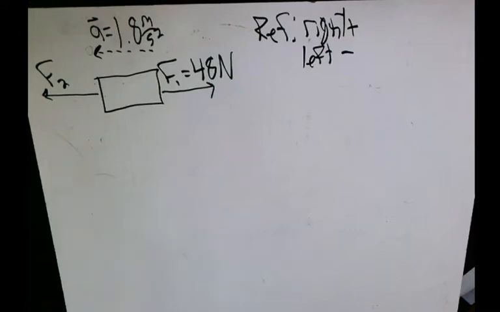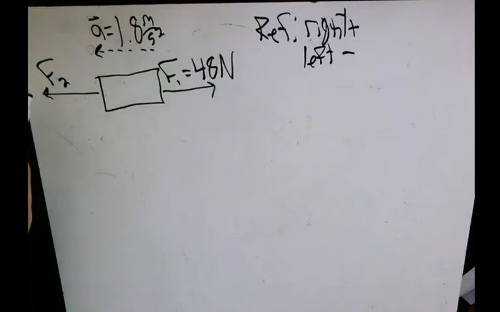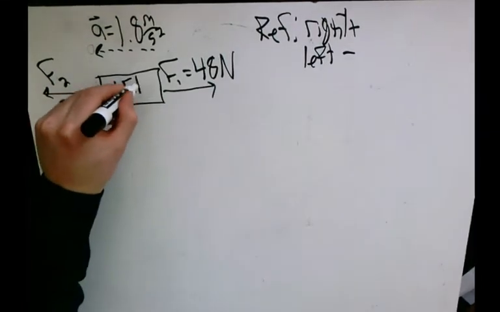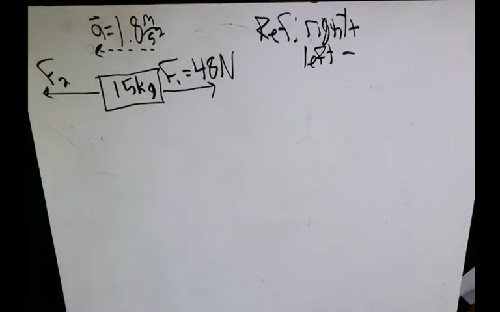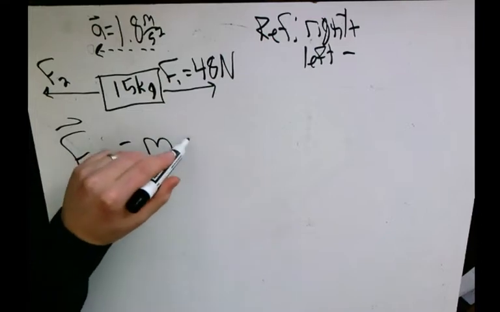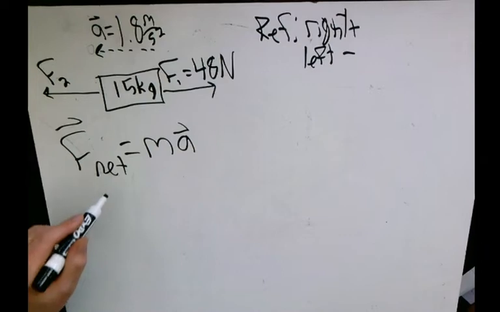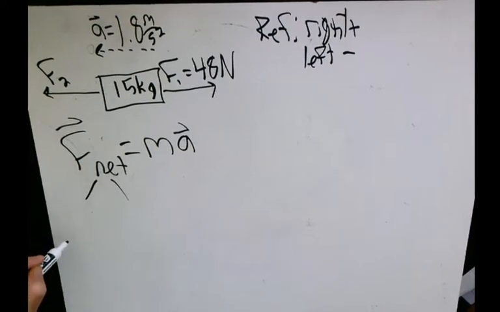Okay, so we have to find the second force, and in order to do that, we need to know the net force of both of them. So we have a 15 kilogram box. We know the acceleration, we know the mass. We're looking for F net, which is equal to mass times acceleration. F net will be broken up into our two forces.